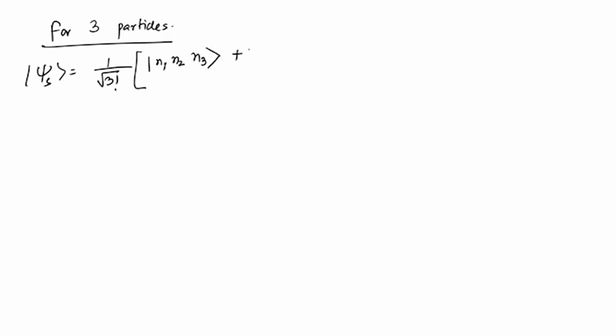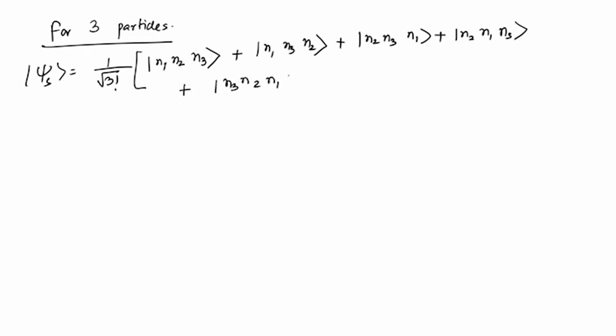It is n1 n2 n3 plus n1 n3 n2 plus n2 n3 n1, all the permutations that are possible, n2 n1 n3, and n3 n2 n1, and n3 n1 n2, and so on. Okay. So, these are all the permutations of the pairwise particles.